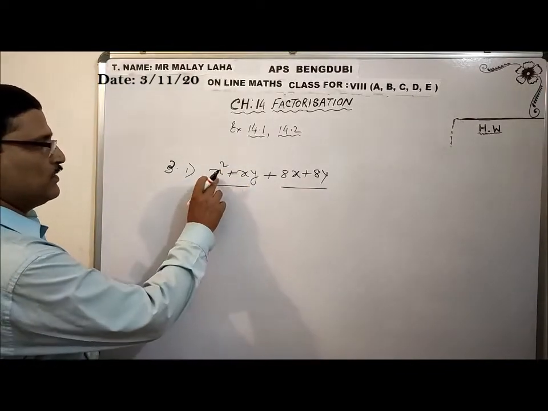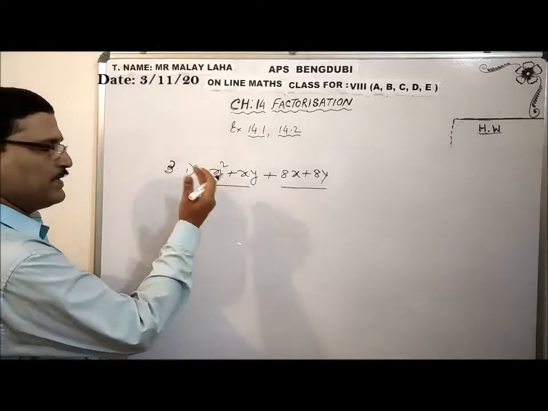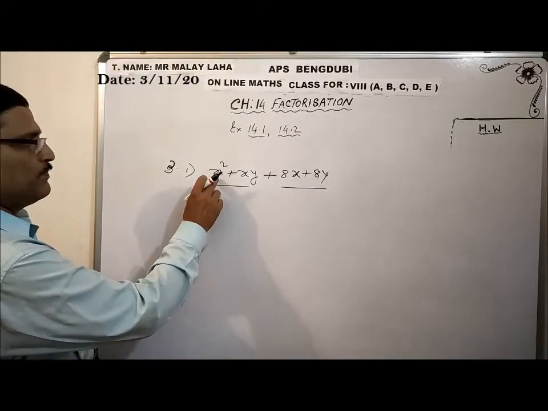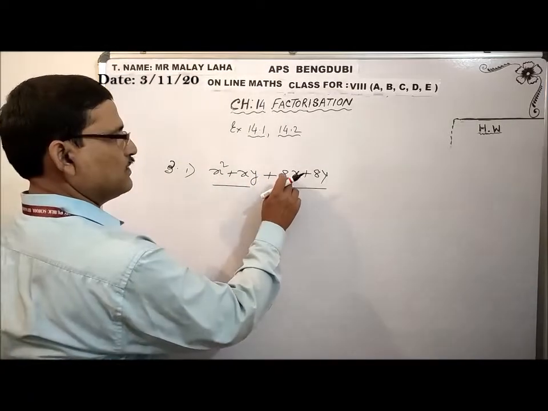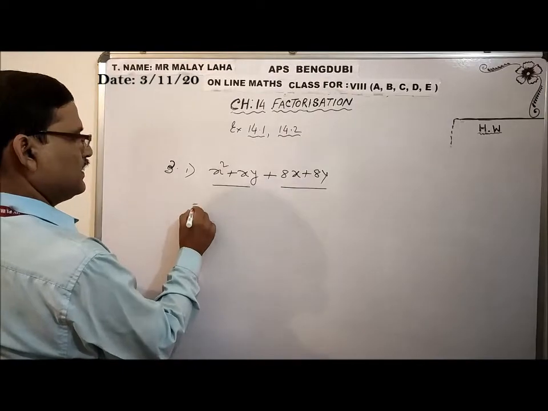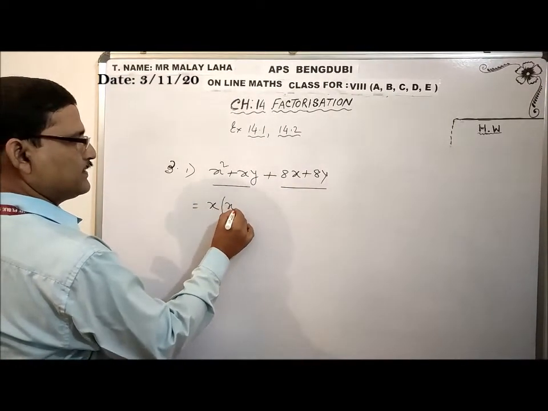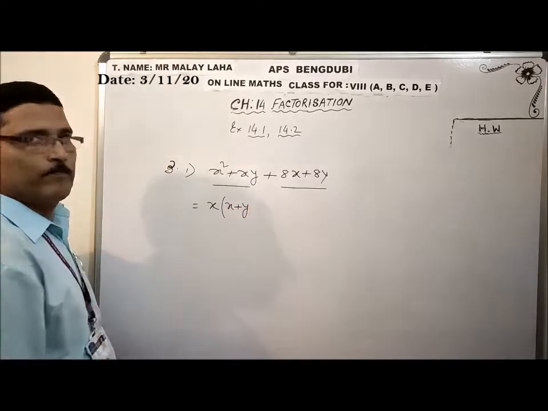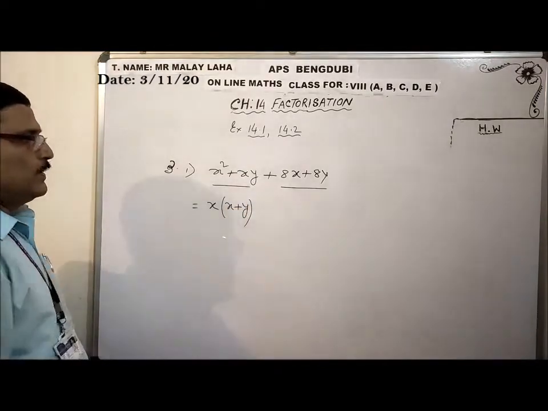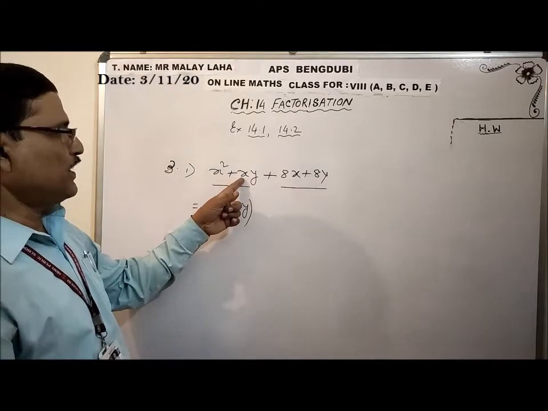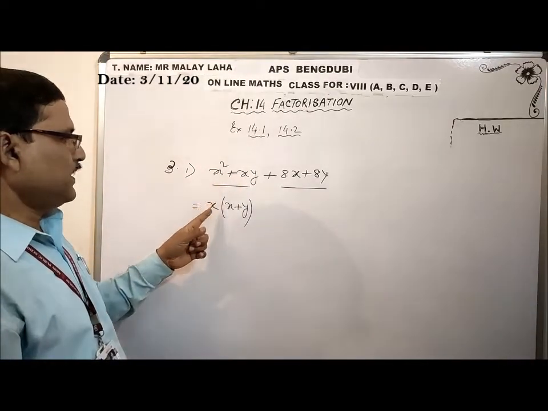So what are the common factors, literal or numerical, from these 2? And what is the common factor from these 2? Here, if I take common x, what is left out? x plus y. Understood or not? You see, x square, xy. What is common? x is common.